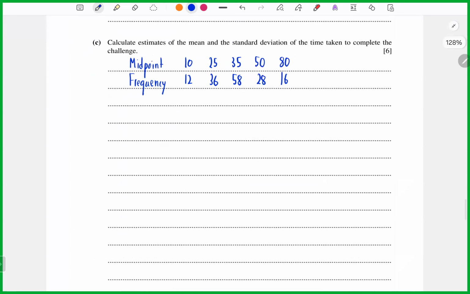So we can start to find the mean first. Mean equals 10 multiply 12. The total frequency is 115, so you don't need to write 12 plus 36 plus 58 plus 28 plus 16. Then take 25 multiply 36 plus 35 multiply 58 plus 15 multiply 28 plus 18 multiply 16.